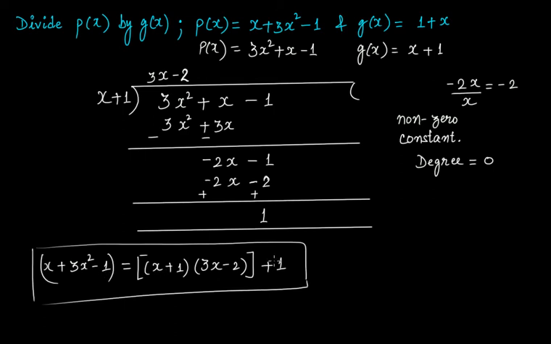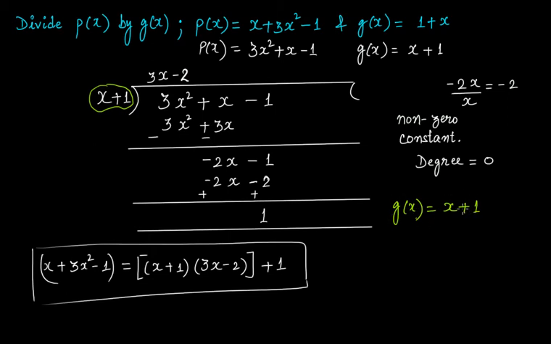The next thing, your Gx here, that is the divisor, is x plus 1. Now what will be the 0 of this polynomial? We know that the 0 of the polynomial means that if you put that value of x here, then this whole polynomial should become 0.